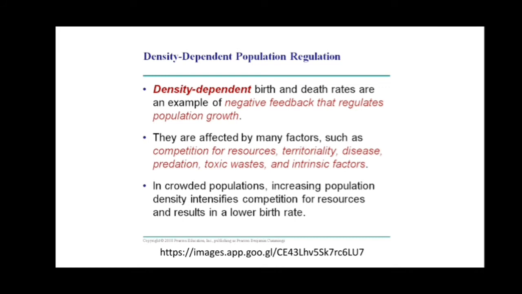Now, this slide shows that density dependent factors acting on birth and death rate are an example of negative feedback that regulates population growth. They are affected by many factors such as competition for resources, territory, disease, predation, toxic waste, and intrinsic factors. In a crowded population, increasing density intensifies the competition for resources and results in a lower birth rate.